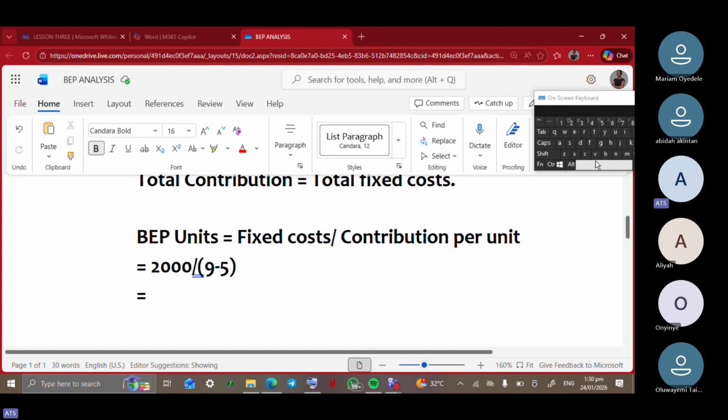It is all in the notes I will send to you, but you can write it down. So your selling price per unit from the question is nine. Can the variable cost per unit also be called cost price per unit? Yes, it can be called cost price per unit.